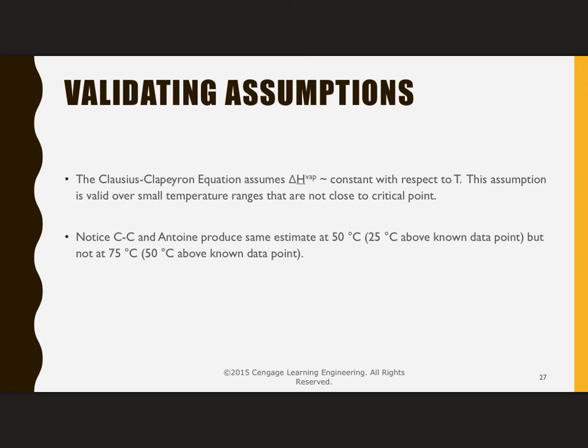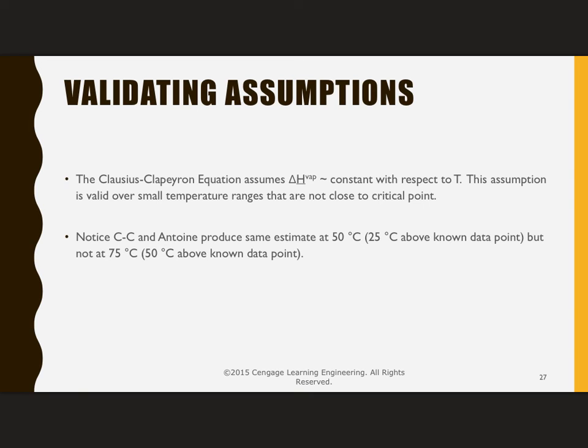Now, think through what our assumptions were on the Clausius-Clapeyron. We assumed constant heat of vaporization, and we had a fixed point at 25 degrees C. So for things that were close to 25 degrees C, this is probably going to be fairly close to true.